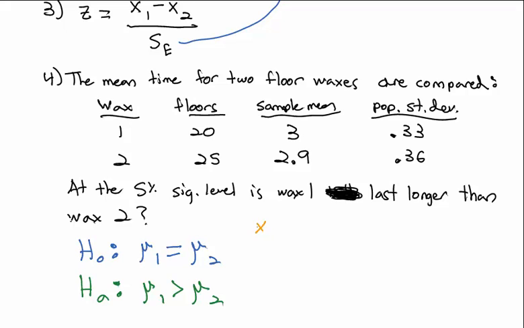And so when we calculate x1 bar minus x2 bar, it should be normally distributed around 0 because they're assumed to be the same.